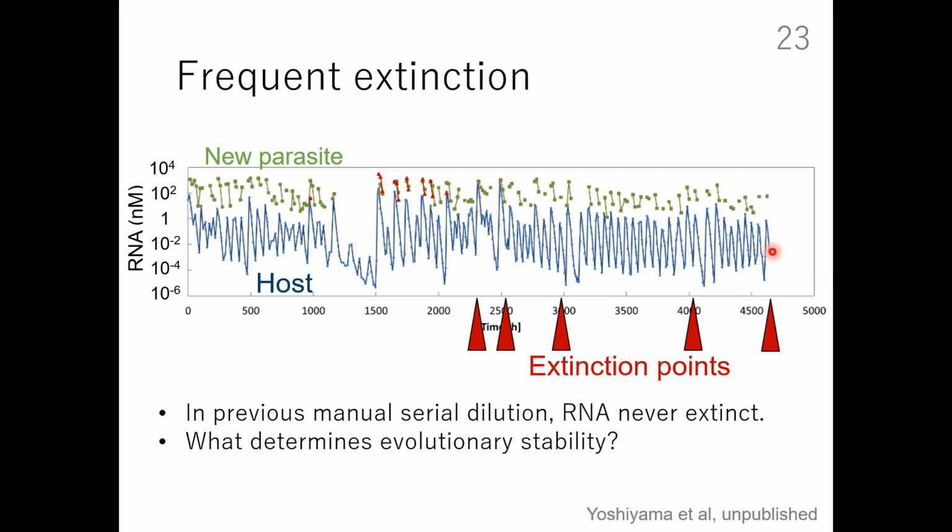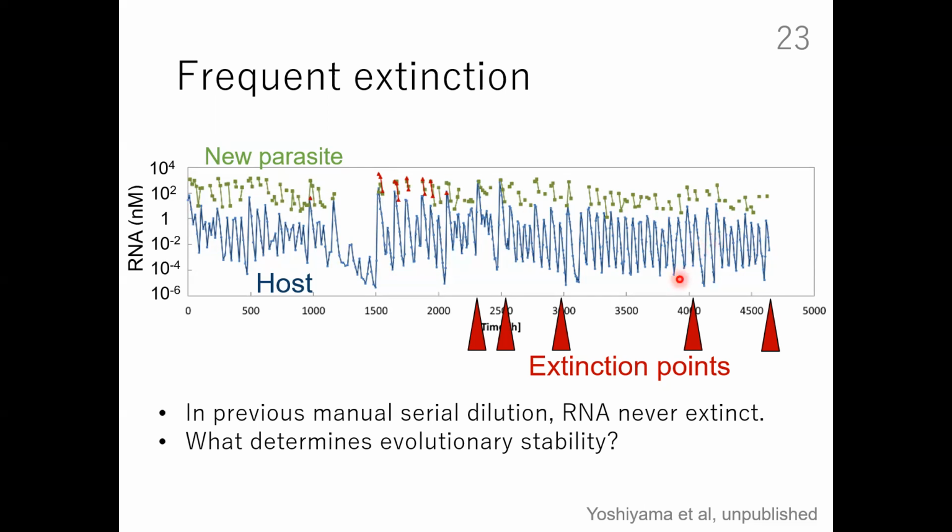I'm not sure why extinction frequently occurs in this case, but maybe the hint is the amplitude of oscillation. In the previous manual experiment, the amplitude of oscillation gradually decreased and became stabilized. But in this case, it's very large. Maybe it's increasing; it's more than 4 orders of magnitude.